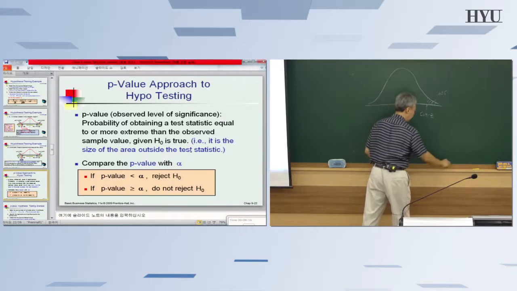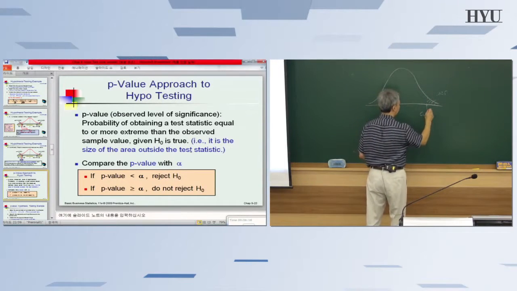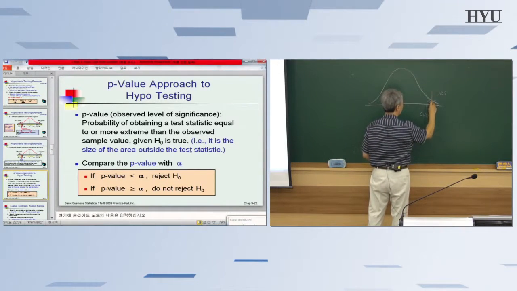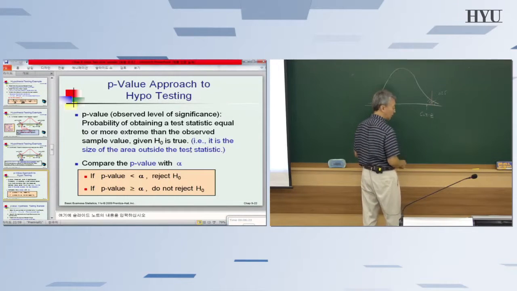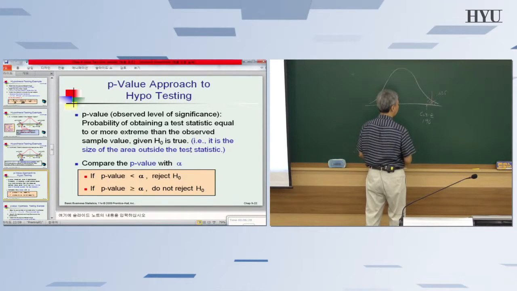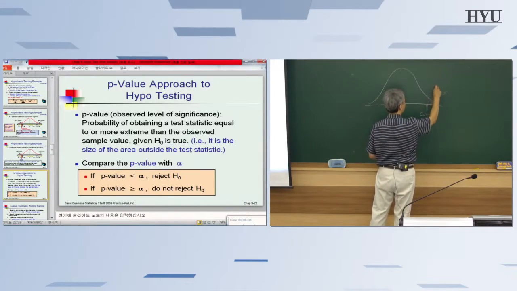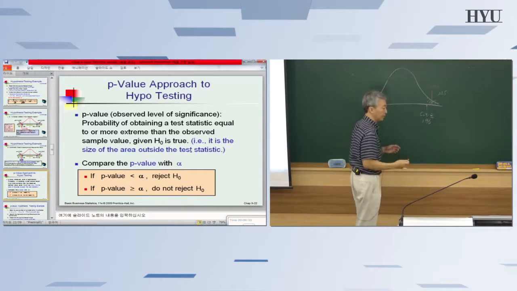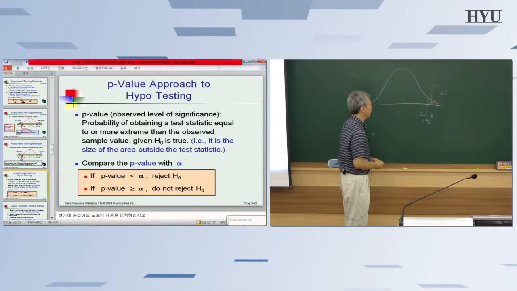Whenever your test statistic falls beyond it, we reject. In the previous example, the critical value was 1.96, and your test statistic was 2.00 on the other side, but that doesn't matter. Your conclusion was to reject the null hypothesis.